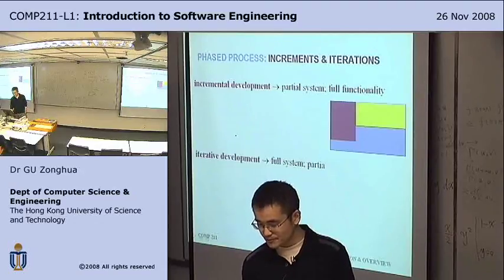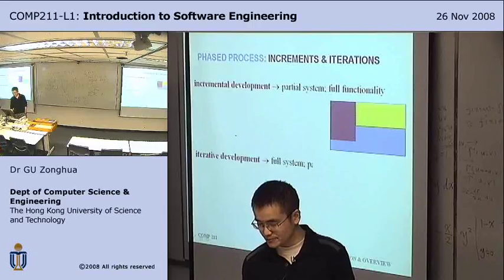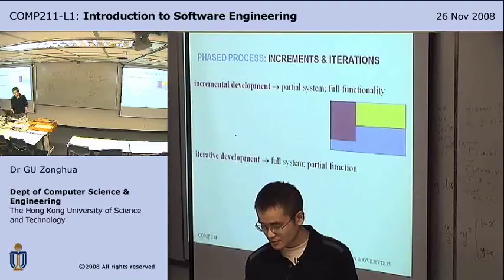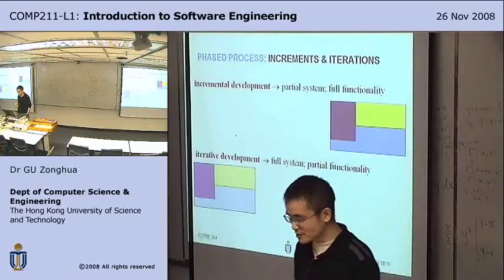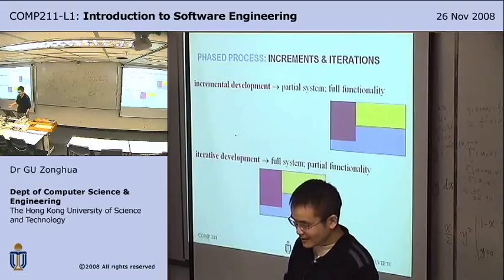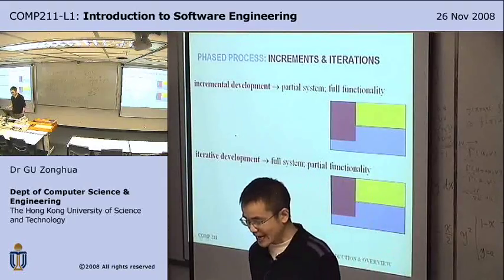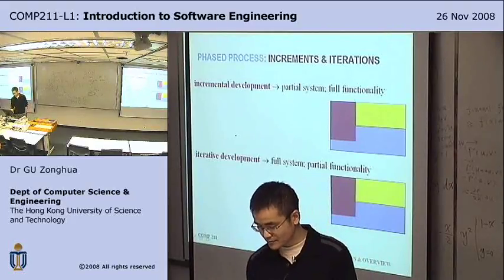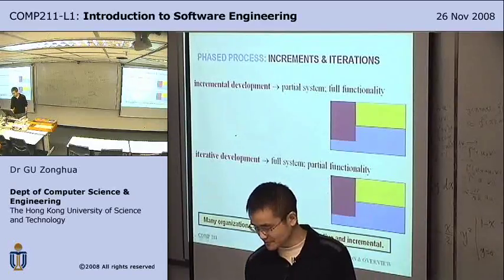One is incremental, where you build a partial system, and then you gradually put them together. Iterative development is when you build the full system, but perhaps it's very rough, and then you gradually add details. So many organizations use a combination of both.